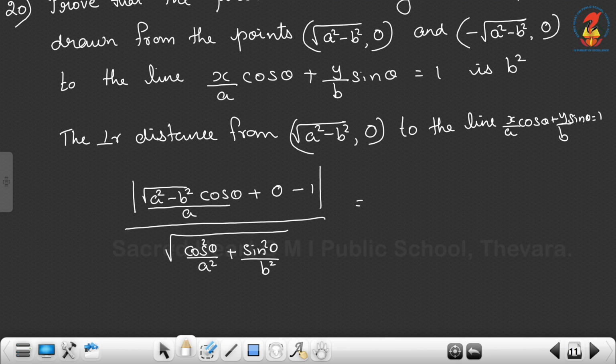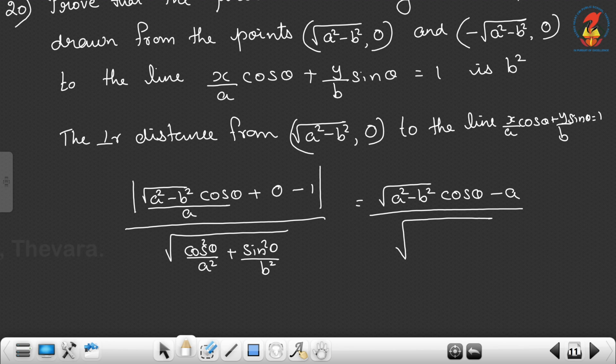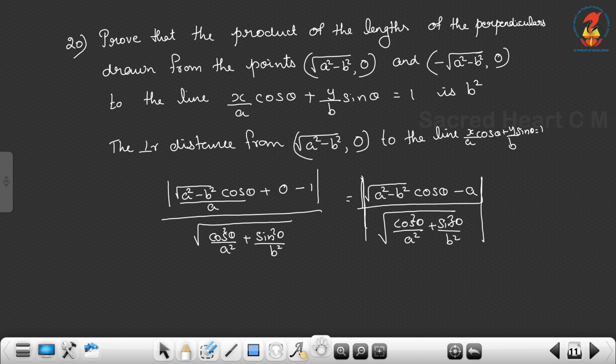Or I can write it as root of a square minus b square cos theta minus a, by root of cos square theta by a square plus sin square theta by b square, modulus. We can put a full modulus also, but the denominator is positive, so no need of modulus.